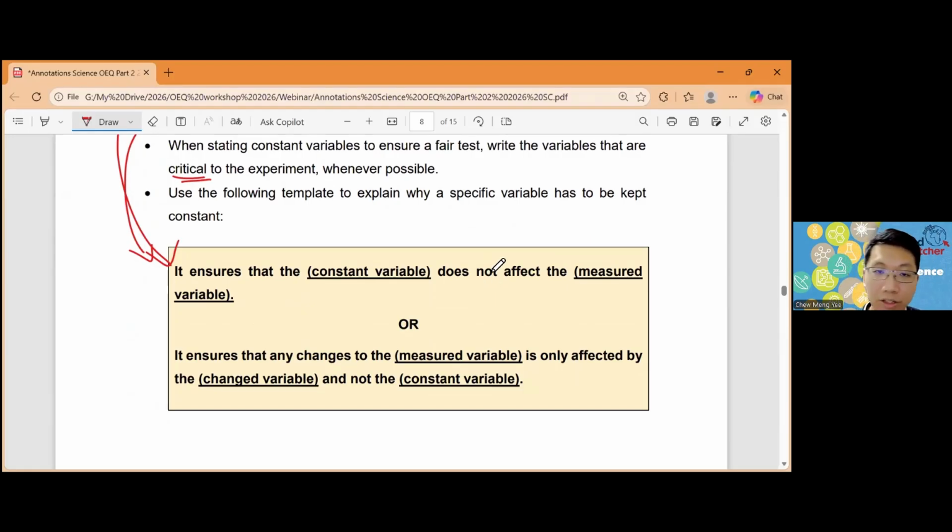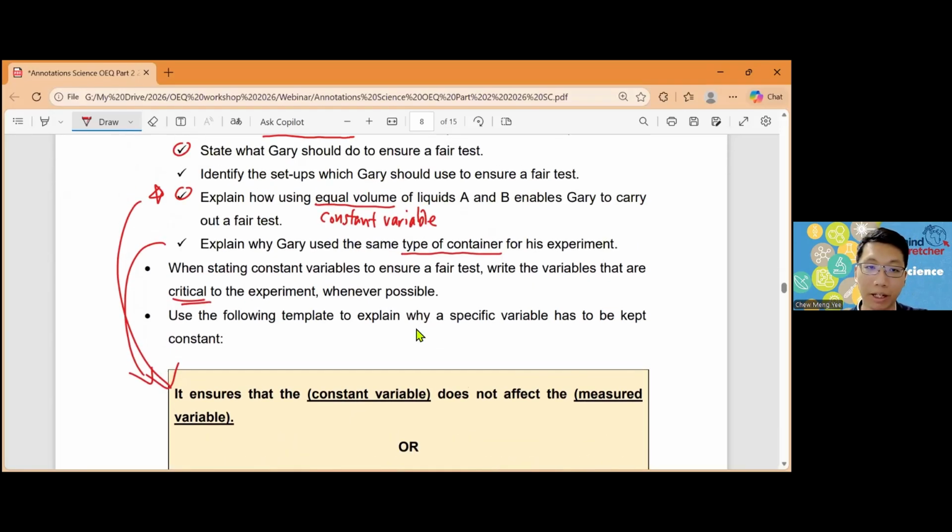Okay, so for this constant variable, let's say for example, I use the last one, explain why Gary used the same type of container. It ensures that the type of container does not affect whatever the experiment result is.